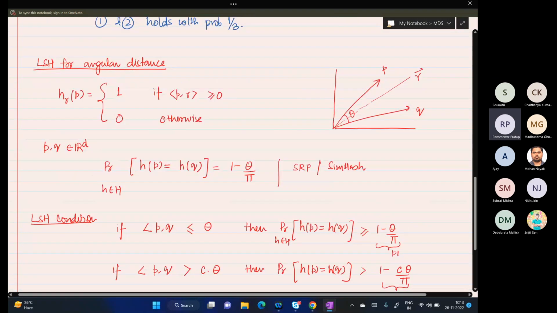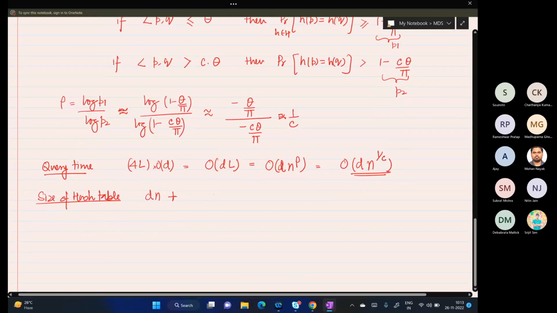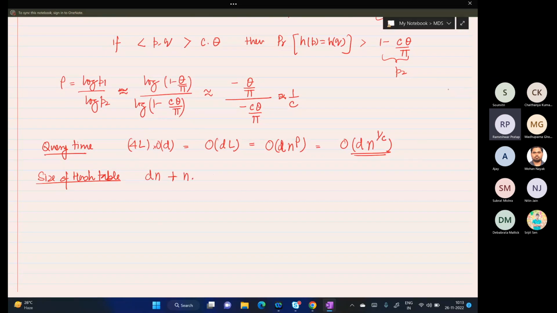So just to store them, we need n into L space, which is dn plus n, and L is n raised to power rho, which is dn plus n raised to power 1 plus rho, which is dn plus n raised to power 1 plus 1 by c. Now if we see these two terms carefully, what is c?